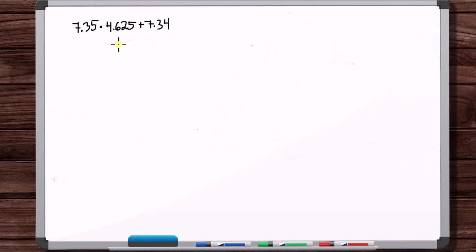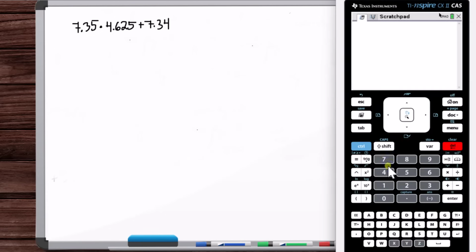But if you're doing it by hand or with a calculator, you save the maximum number of digits on each intermediate step. So we're going to say 7.35 times 4.625, and then just leave that number as it is and keep going, plus 7.34. Now we're going to write out this full final answer, 41.3338.